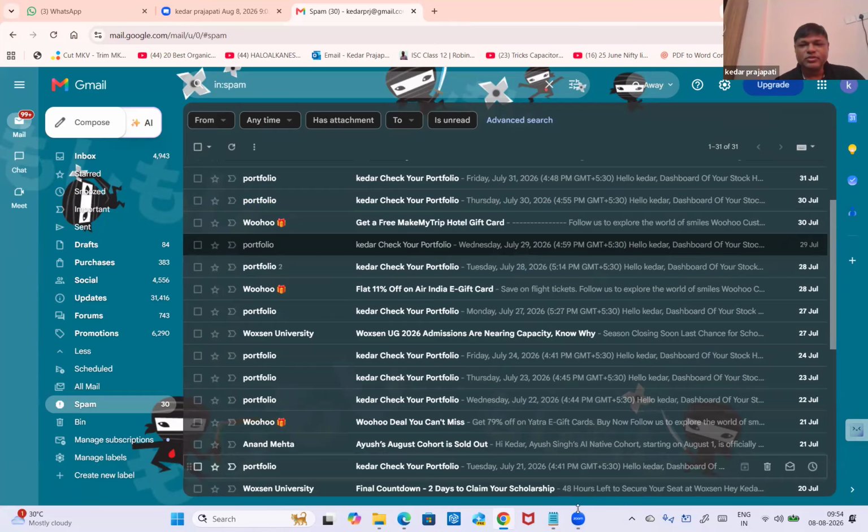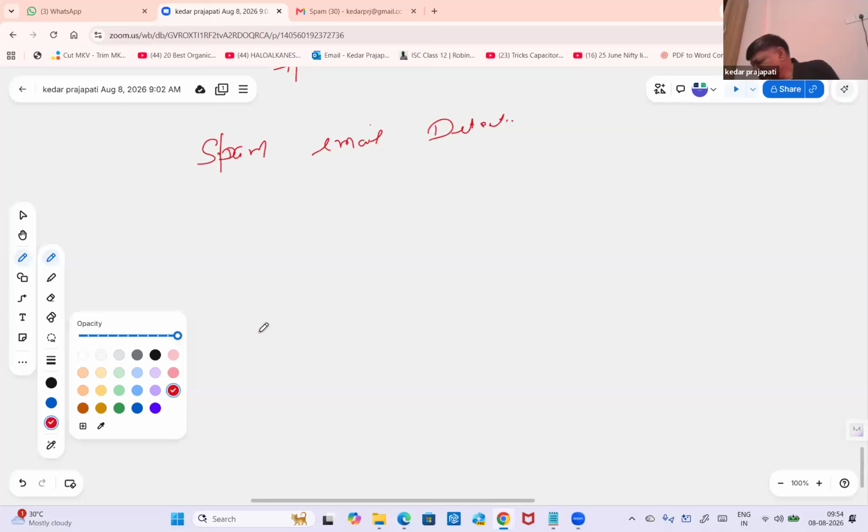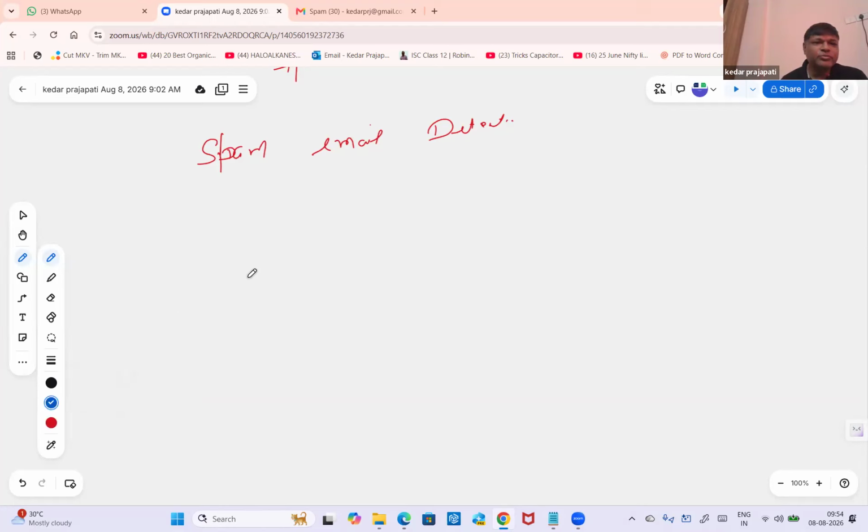And based on that, it is categorizing emails. How it works, I don't know the entire nitty-gritty, but suppose we are designing our own spam email detection.